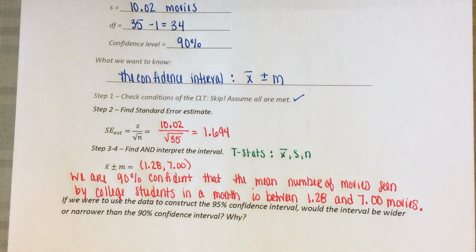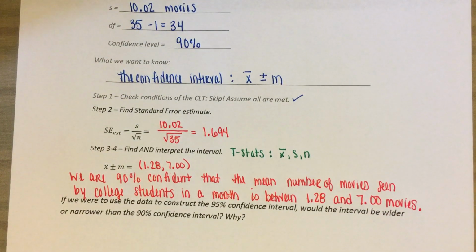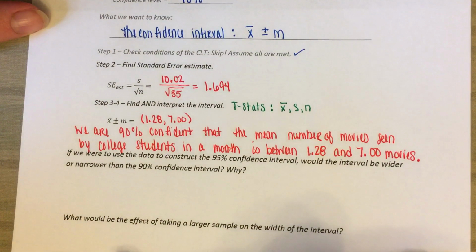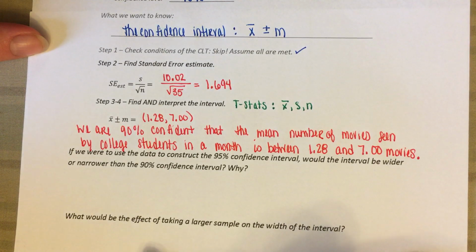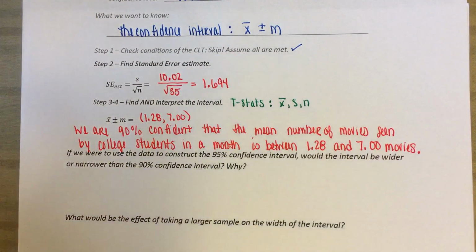All right, now we're asked a couple more questions here. If we were to use the data to construct a 95% confidence interval, would the interval be wider or narrower than the 90% confidence interval? Why?